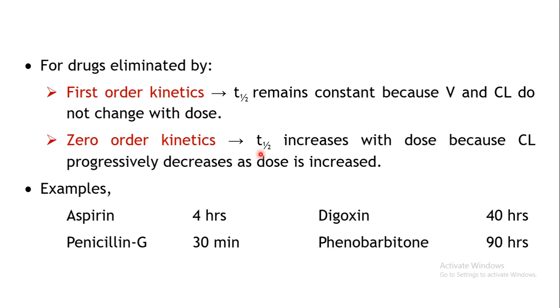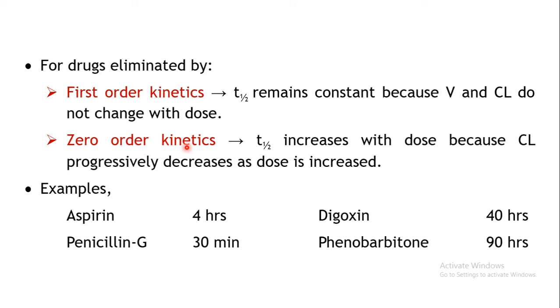Because under zero order kinetics we have seen that as you increase the plasma concentration, the Cl decreases, right? As you increase the dose, the clearance goes on decreasing. Since clearance is in the denominator of the half-life formula, the half-life will go on increasing if your drug is following zero order kinetics.